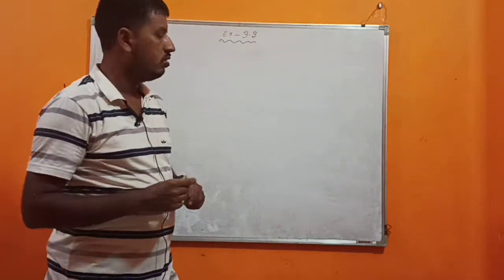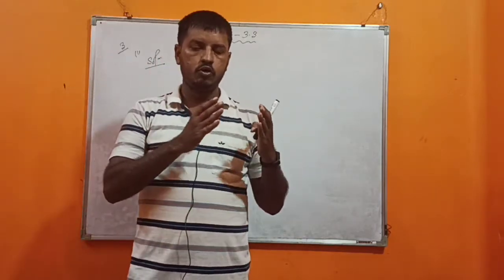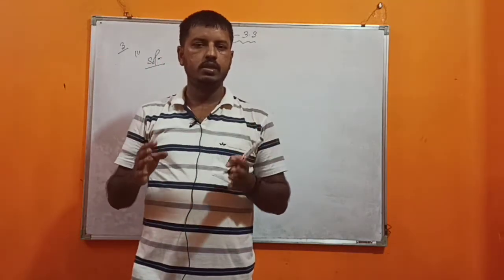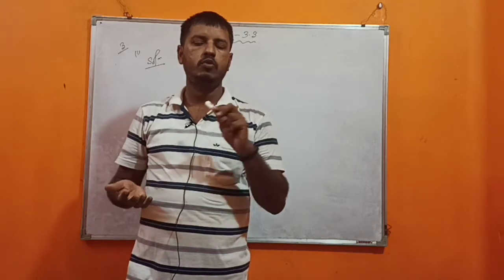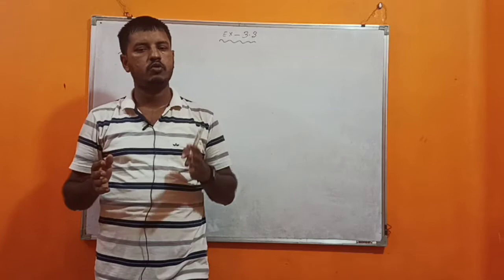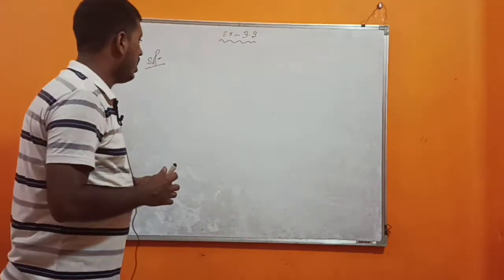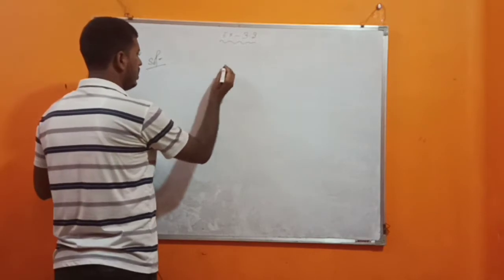Okay, so I am giving you one clue. In question number 3, the things will be given in the question, and we are to form the two equations considering the two variables, that is x and y.